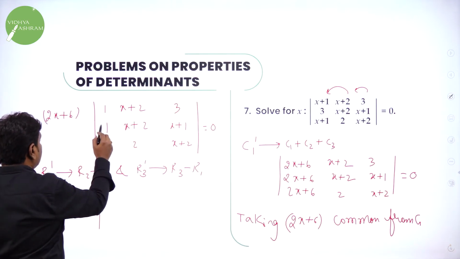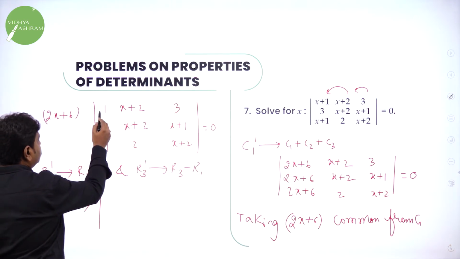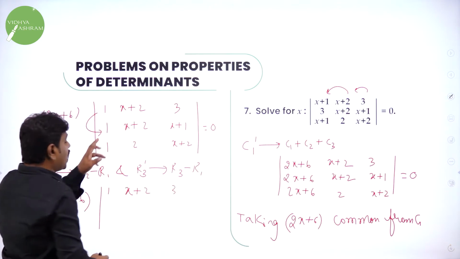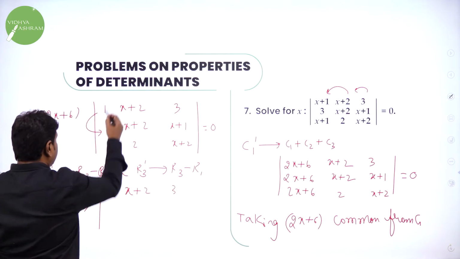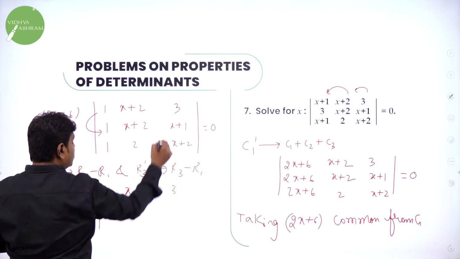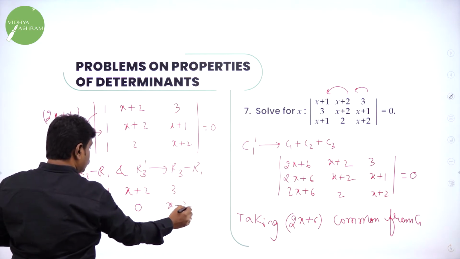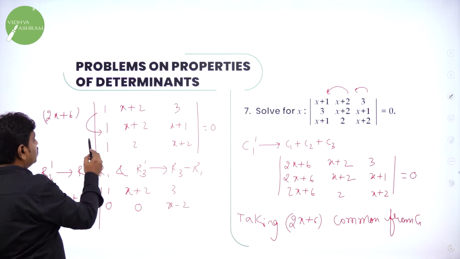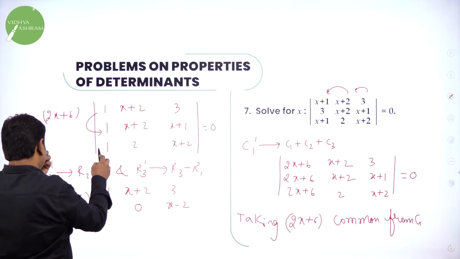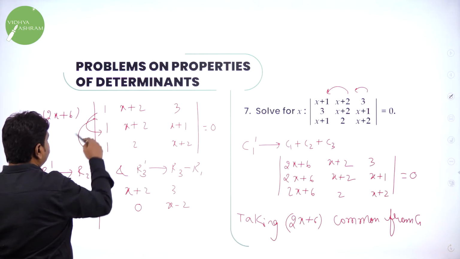Now R2 dash, I am making this. The first row I am not disturbing, let it be as it is. R2 dash is R2 minus R1. So 1 minus 1 is 0. x plus 2 minus x plus 2 is 0 again. x plus 1 minus 3 is x minus 2. And R3 dash is R3 minus R1, I will do this too.